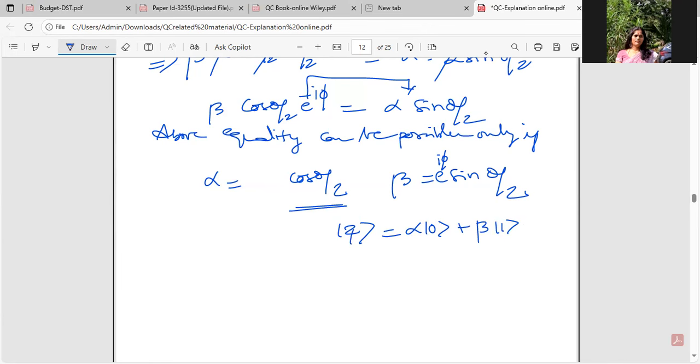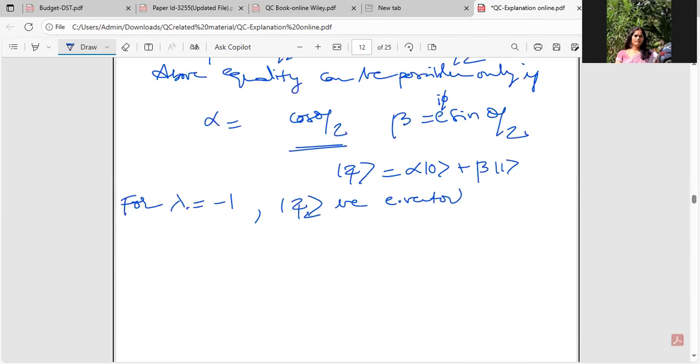Okay. Next, I have one more eigenvalue, lambda is equal to -1. Let ket xi be the eigenvector. I'm not using the suffix notation. If needed, please use it. Not a problem at all. Sigma n ket xi2 is equal to -1 ket xi2.